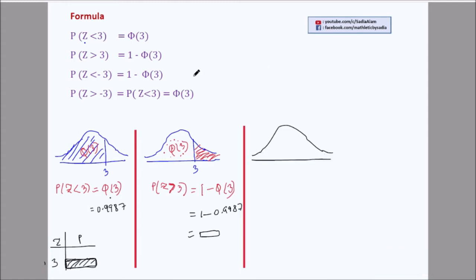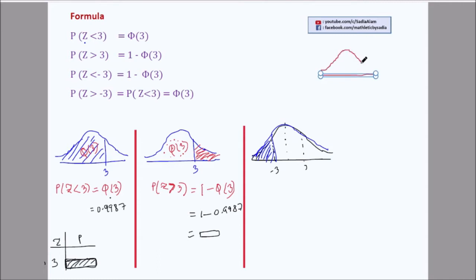Okay, so now we need to work with negative values. Suppose this is the origin, this is 0, this is 3, but we need minus 3. Suppose we need minus 3 and we need this area, as in z less than minus 3. And the thing is, we are working with symmetrical data, right?